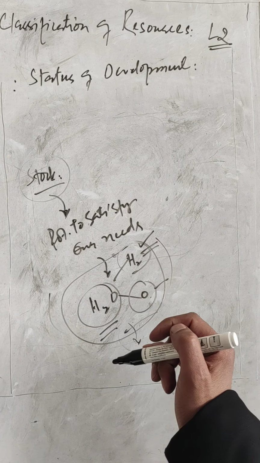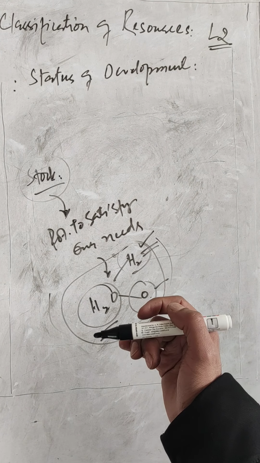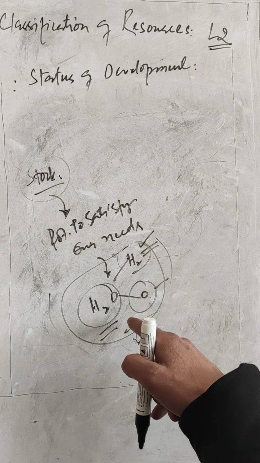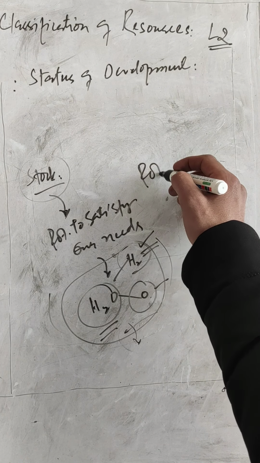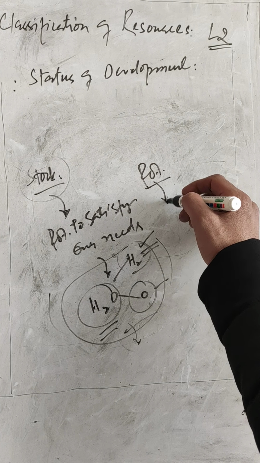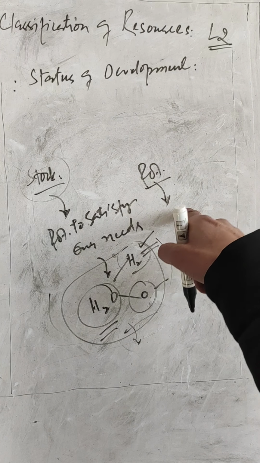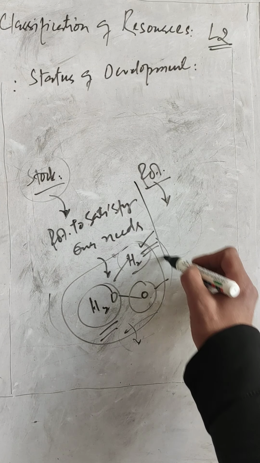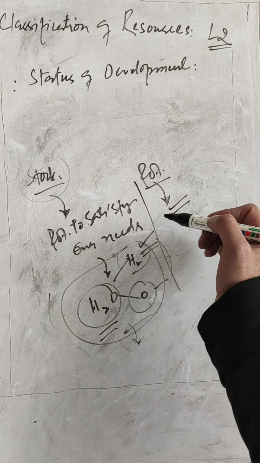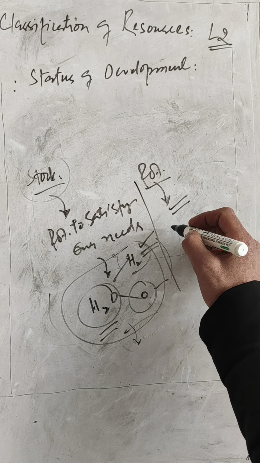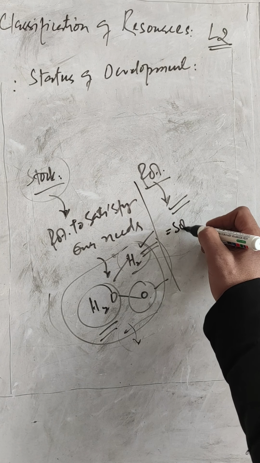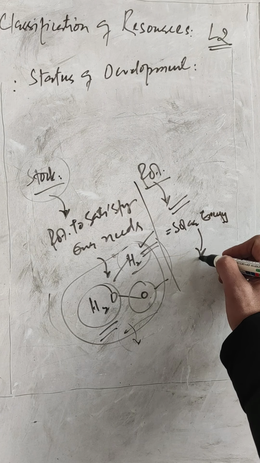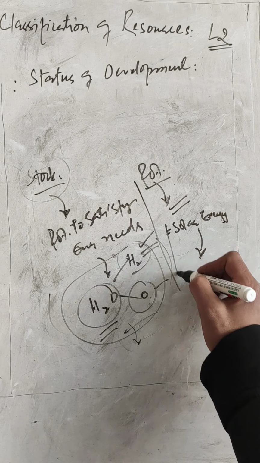Now, you might be facing some confusion between stock and potential. In the potential, I also say they have the potential to satisfy our needs, but they are not being used. But see here, the difference is this. You can understand this by taking an example: solar energy. Solar energy is being used. It is satisfying our needs, but not on a large scale.